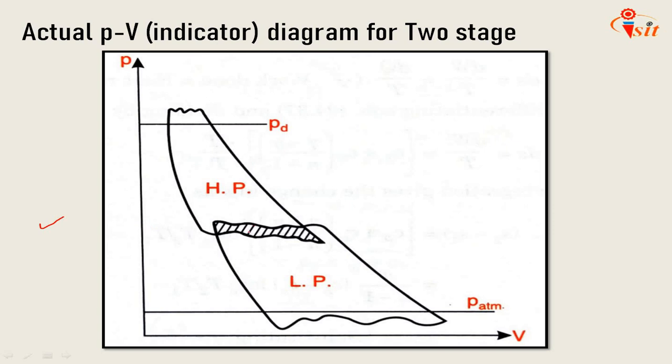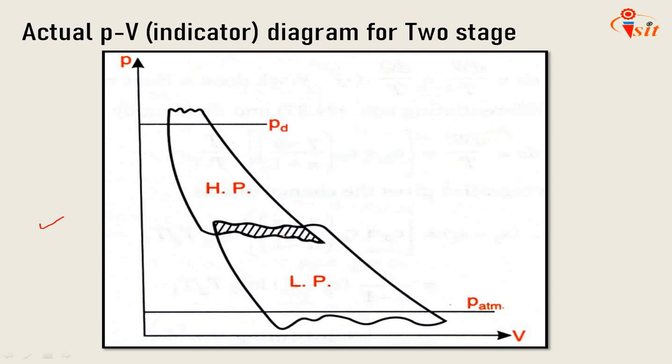The wavy lines during induction and delivery strokes are due to flutter of the disc walls. The low pressure and high pressure diagrams overlap due to the pressure drop in the intercooler.